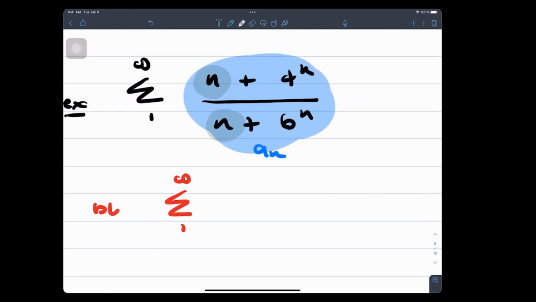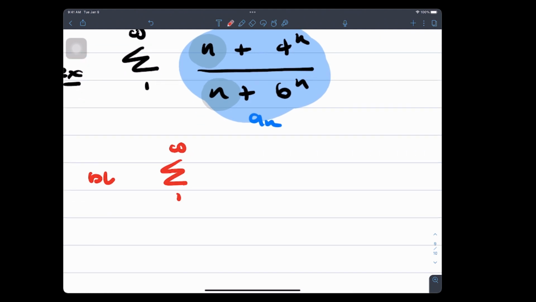Well, the terms that really dominate are 4 to the n and 6 to the n. Even though you don't have constants to get rid of, we're going to get rid of those n's here. And then this series behaves like 4 to the n power over 6 to the n power.